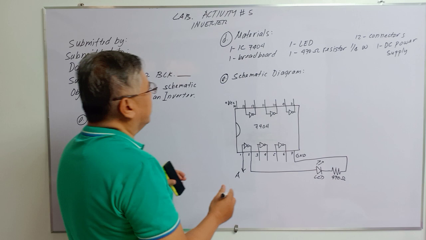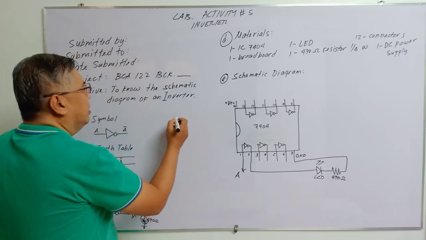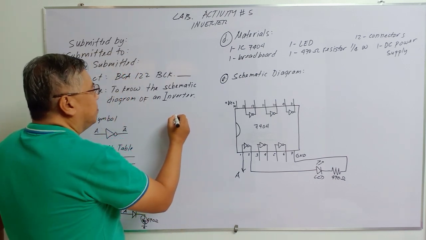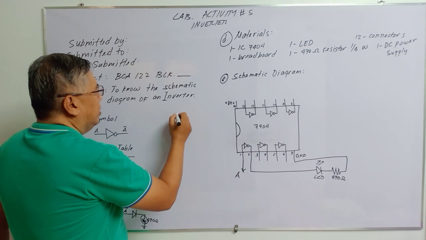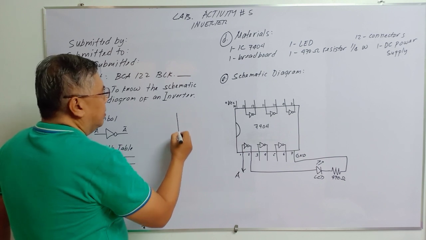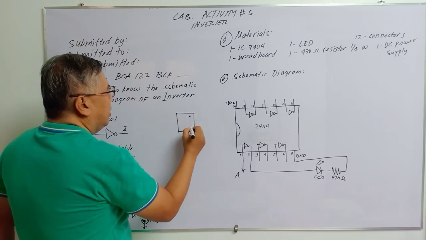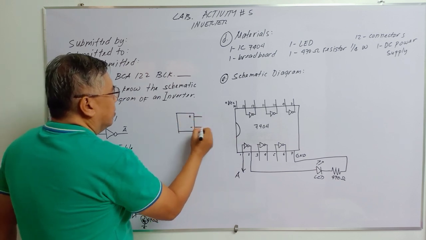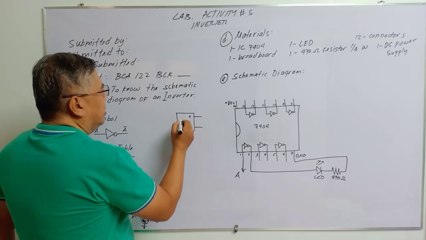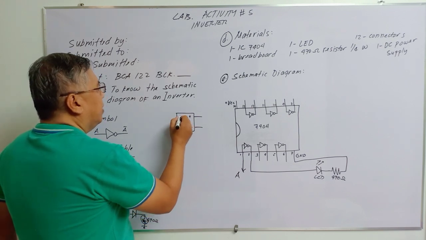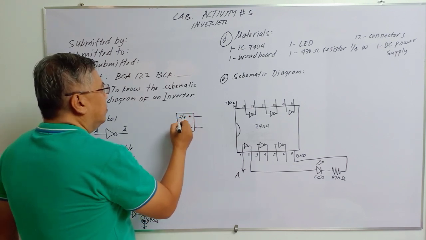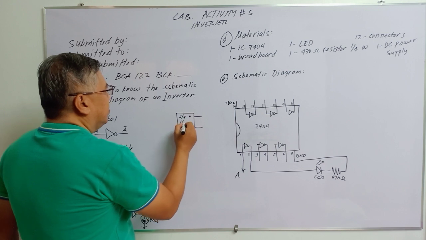To complete the circuit, let's say for example you have a power supply. You have a positive and negative connector, right? This is, for example, 5 or 9 volts DC.